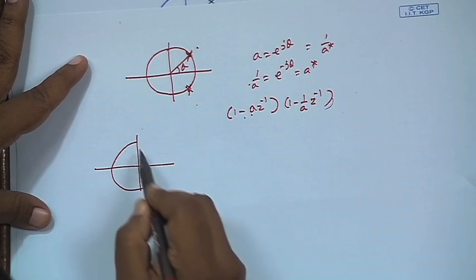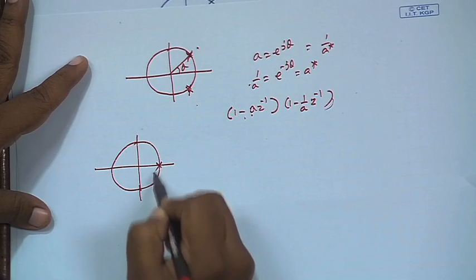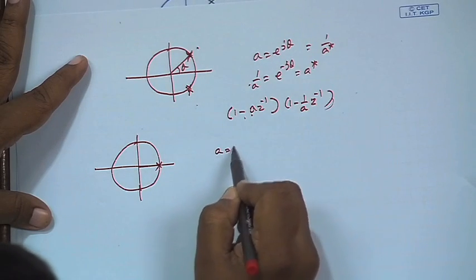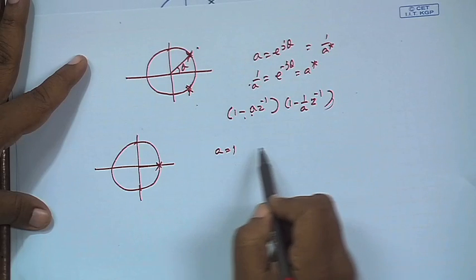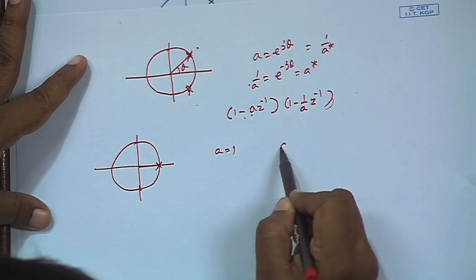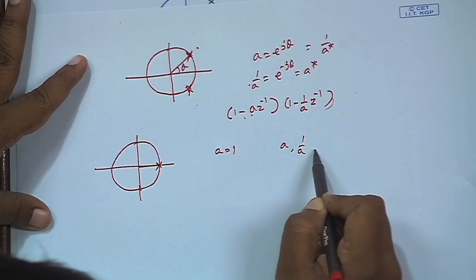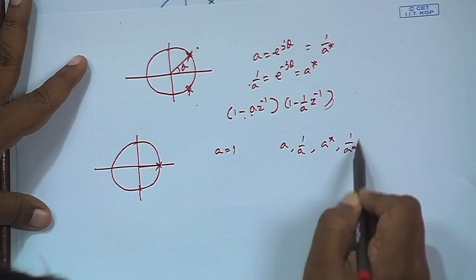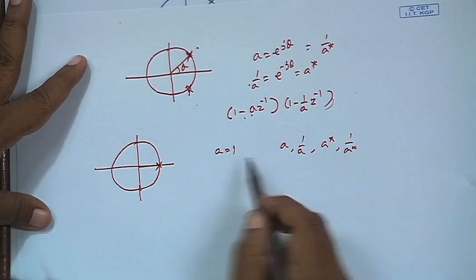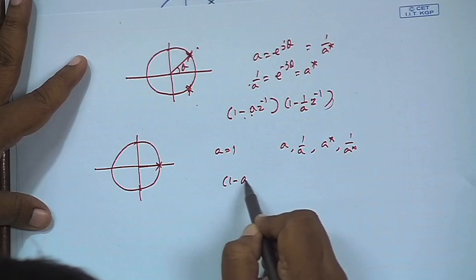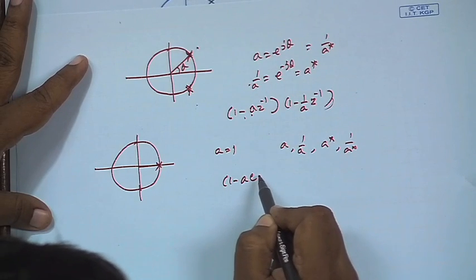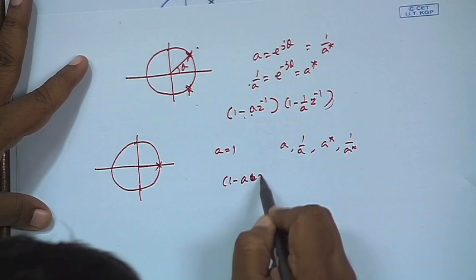Some more special cases, a couple of special cases. Suppose you are here, that is A is just 1. In this case, A is 1 means A and 1 by A are the same, and A star, because A is real, and 1 by A star, they are all the same. So, we have only one term, 1 minus A z inverse.